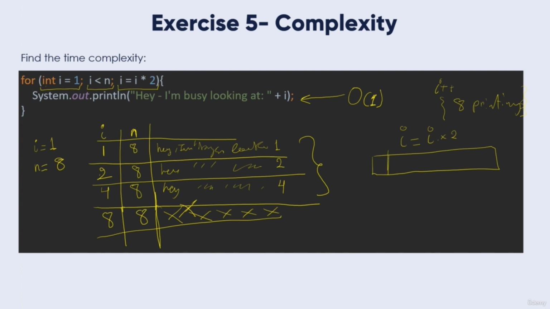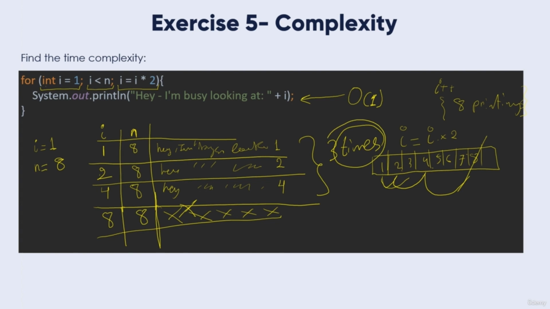Instead of going 1, 2, 3, 4, 5, 6, 7, and 8, the first time was 1, then 2, 4, and 8, and we cannot reach 8. So 1, 2, 4. It is executed 3 times.